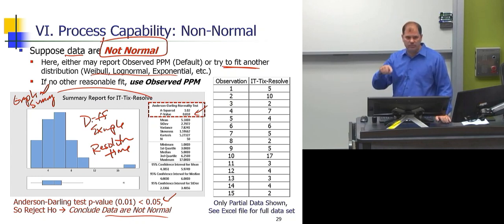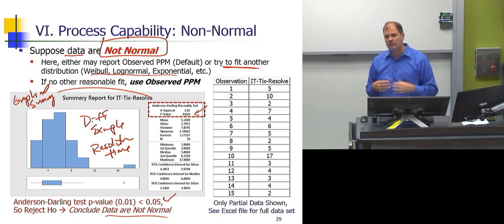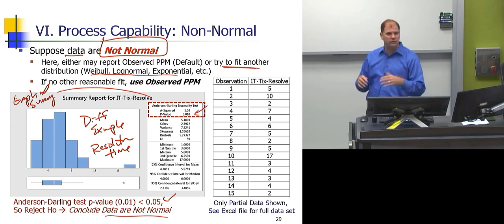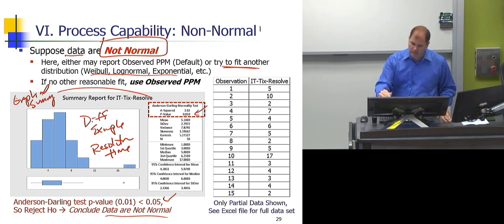If the data is multimodal, I can search and search and search. I am not going to find a good distribution fit. That's because it's basically a normal under certain conditions. Group A, Group B, Group C. So multimodal distributions, you can search and search and search. You're not going to find a good fit. Multimodals, right? So multimodals, we're just going to use the observed.